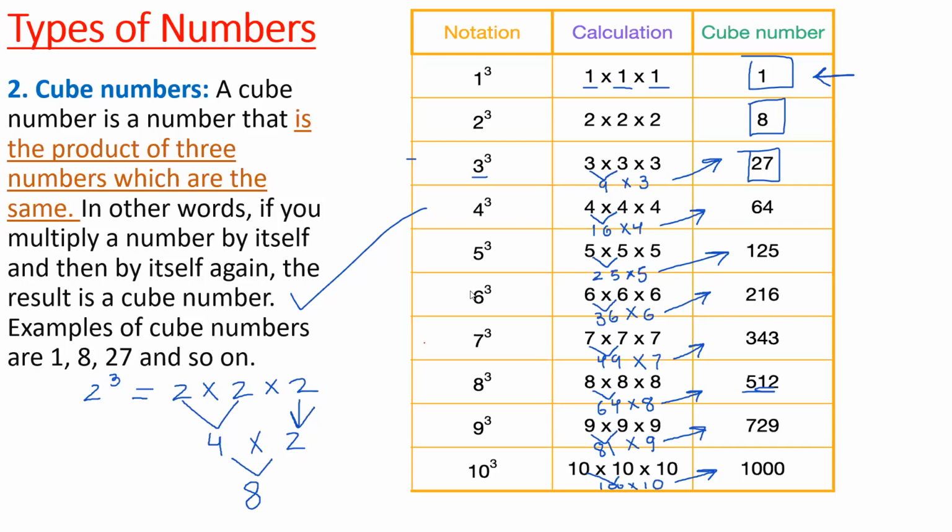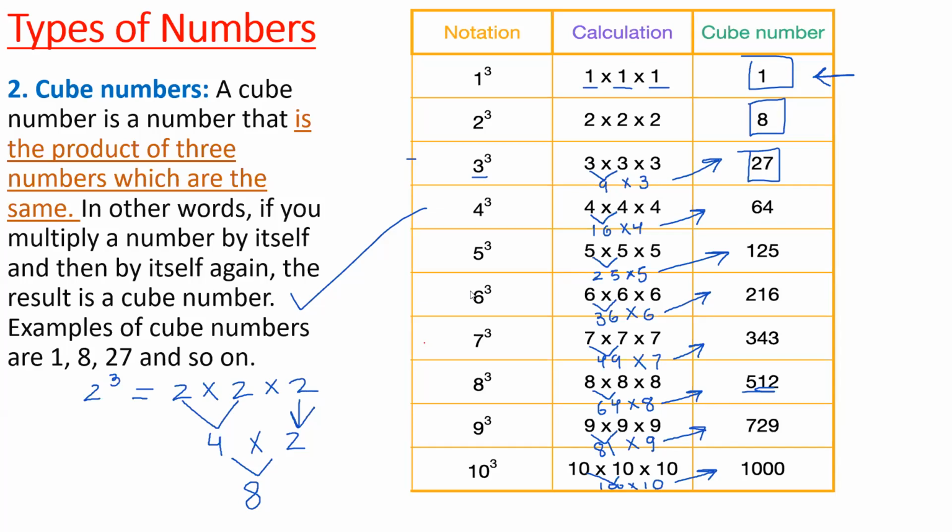Yes, sir. Give me an example of a cube number. 512. 512, very good. And Brianna Rule, give me an example of a cube number. 1000. 1000, very good. And Siren, give me an example of a cube number. 8. 8, very good.